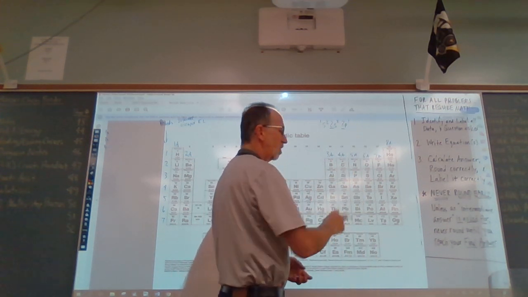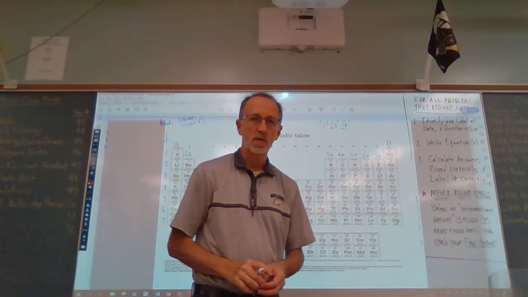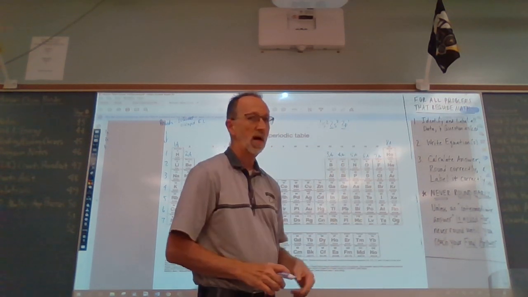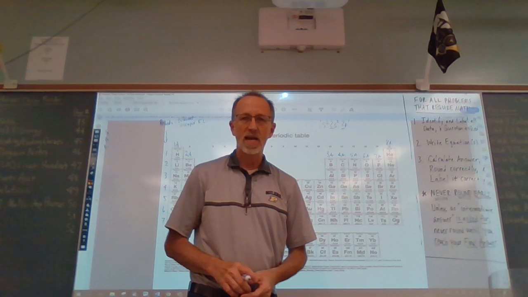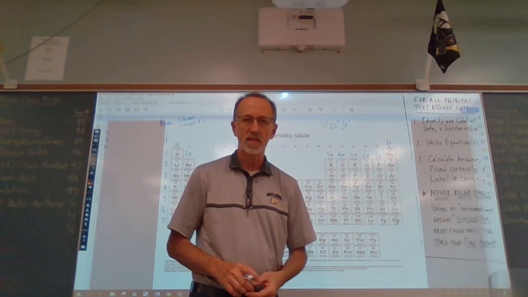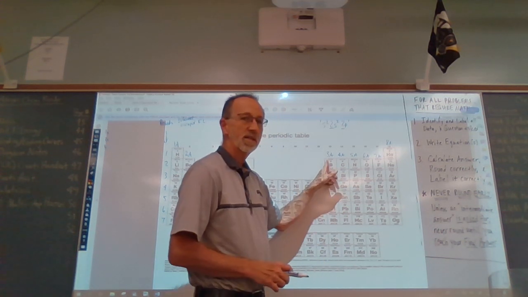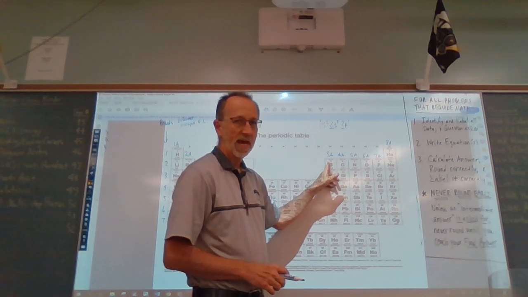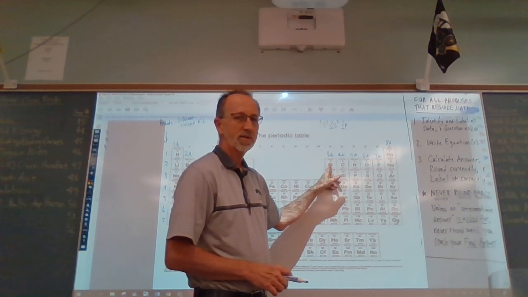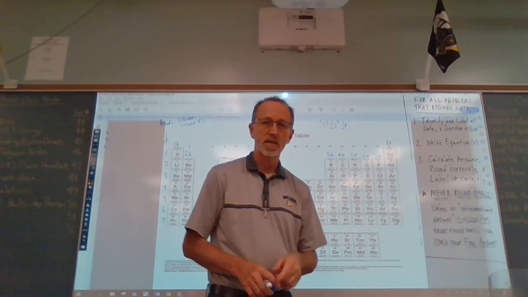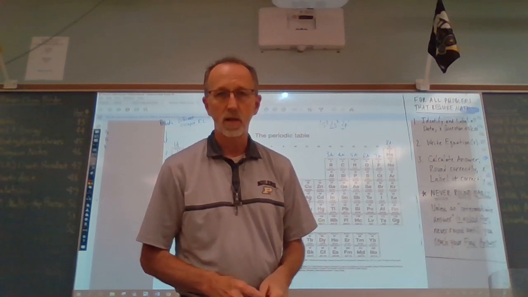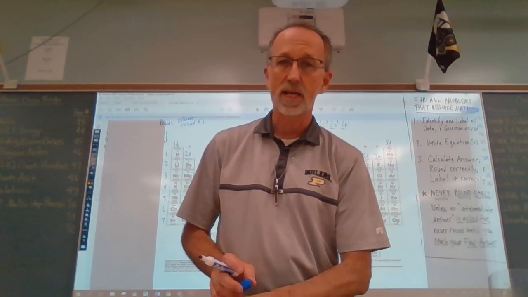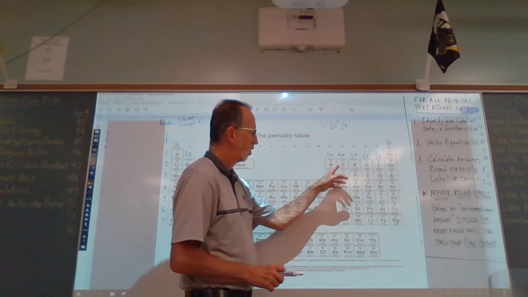Its outermost occupied energy level is level 2, and it has 2 plus 1, 3 electrons in that outermost occupied energy level. All right? Hence the name 3A. 3 outermost electrons. We have a name for those electrons. I'll bet you might remember it or heard it before, and those are called valence electrons.